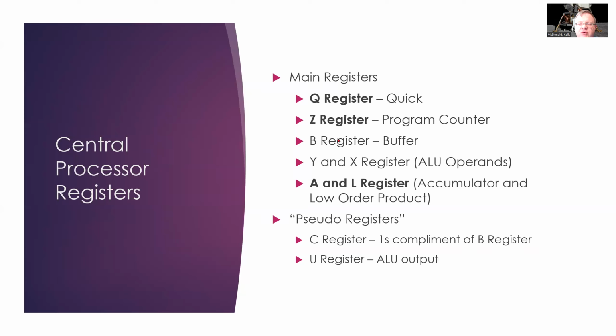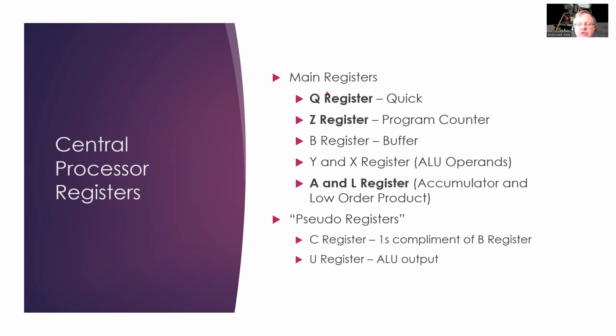For example, if I want to write data to the B register or the X or Y register, the main way to do that is those command pulses that I talked about, so there'd be a WB, which would write data into the B register, or WY, which would write data into the Y register. Now, these exist for the registers in bold as well. So there's a WQ and a WZ, for example.